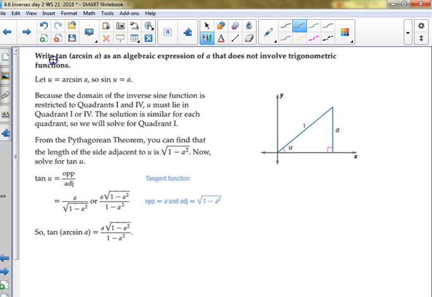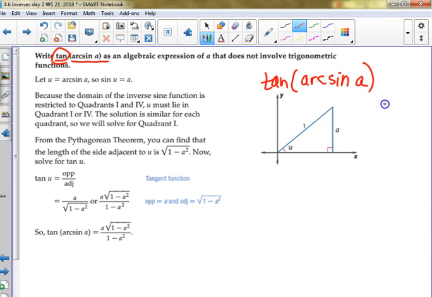Okay. It says find tangent of arcsine of A as an algebraic expression that does not involve functions. Okay, so we're going to draw, this is what we're supposed to be solving. So I look at this and I go, okay, these you're going to just do in the first quadrant, I think they're all first quadrant.